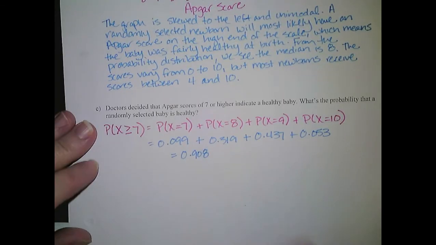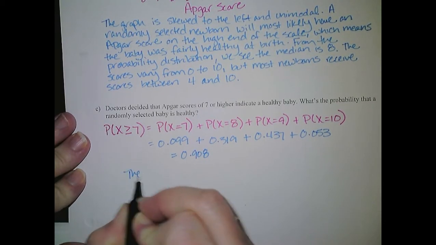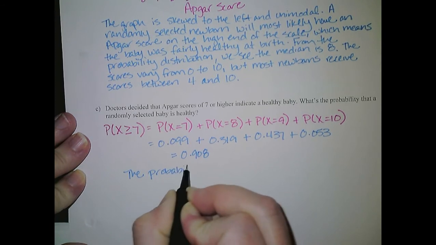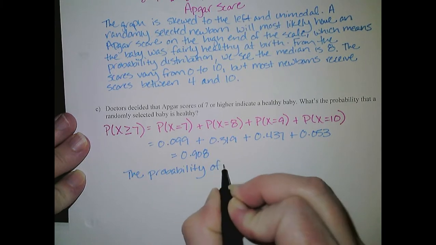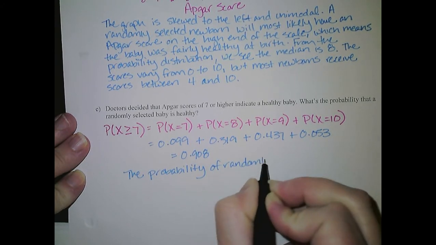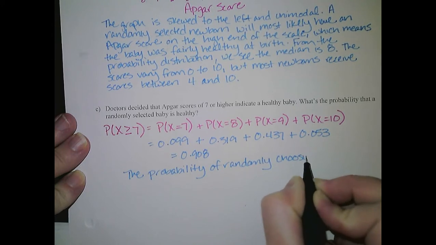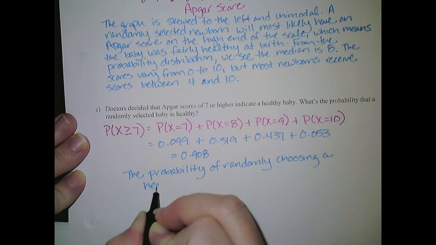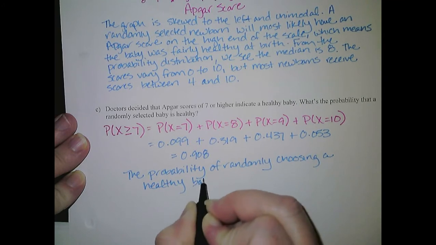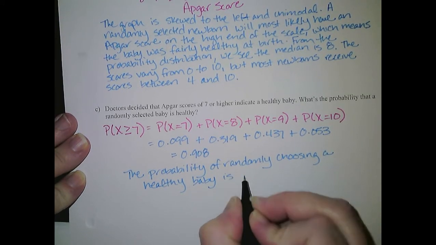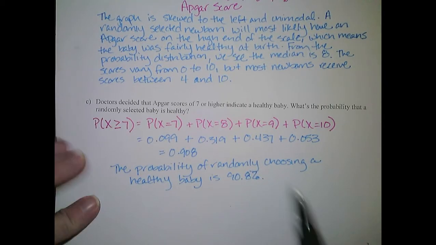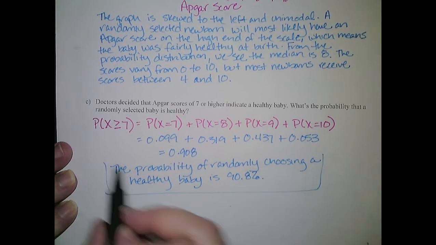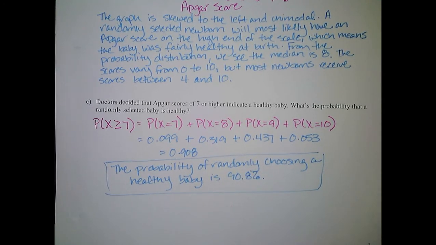So if we translate that, the probability of randomly choosing a healthy baby is 90.8%. In other words, 90.8% of the babies measured would be classified as being healthy, as having an APGAR score of 7 or higher.